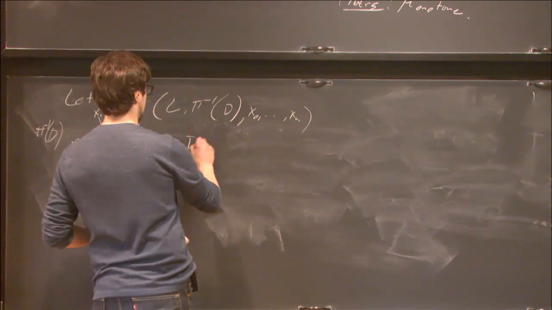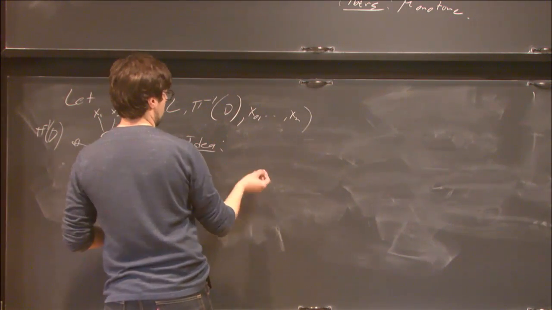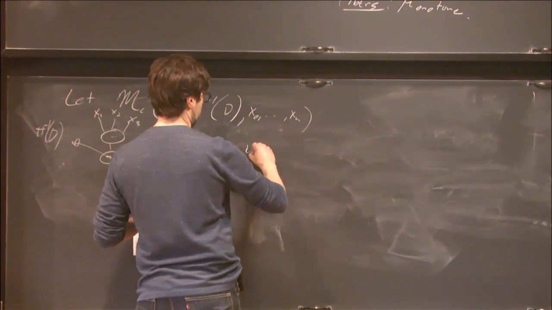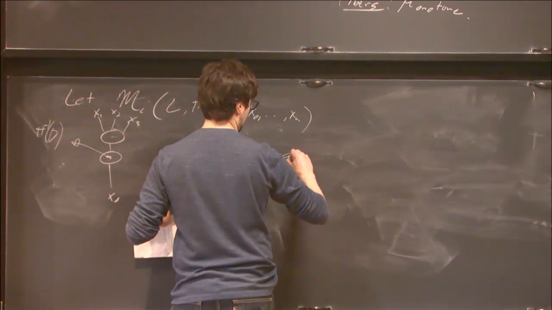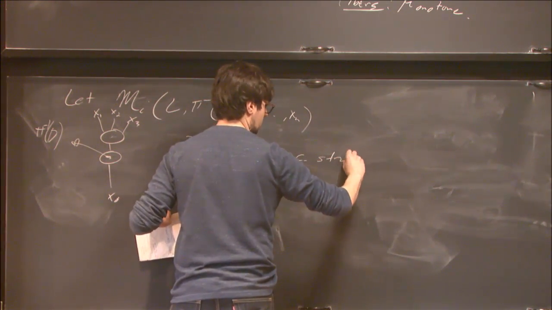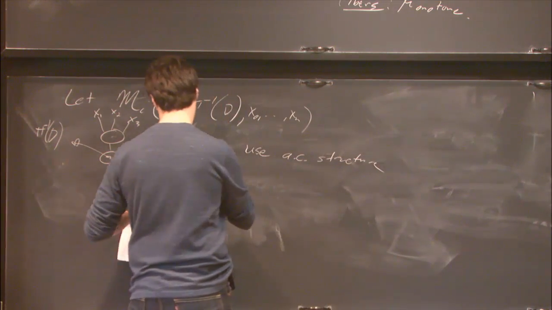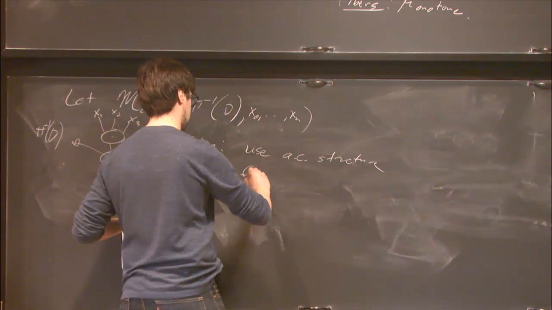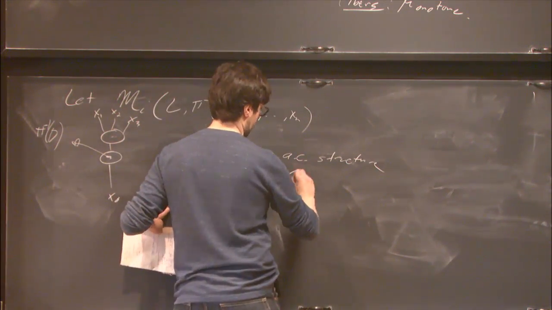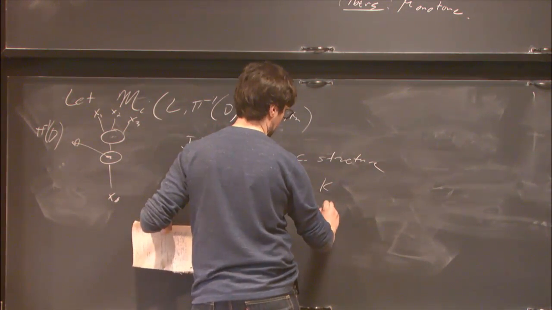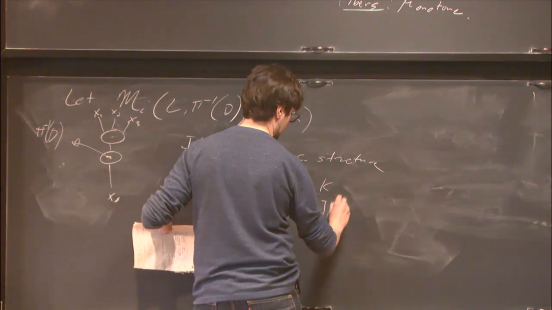So the idea: use an almost complex structure of the form, we'll say, J_F, K, J_B, 0.